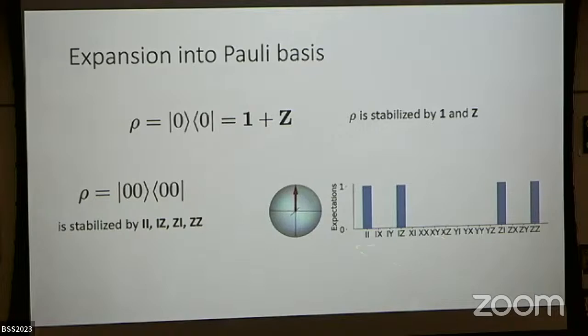And if you draw a histogram of the expectation values when I expand into this Pauli basis, it's concentrated around the Paulis that stabilize that state. Makes sense, right? So if I can take my state and expand it into Paulis and I only get certain values, then what I have must be a stabilizer state.